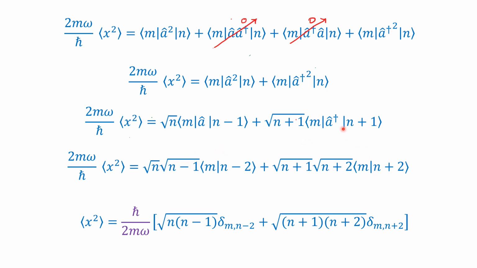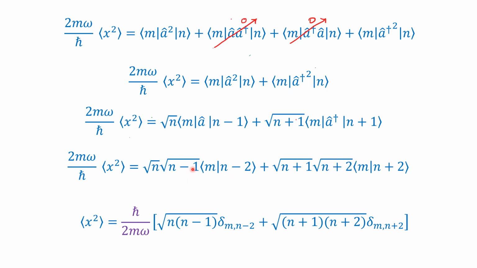Similarly here, when a dagger acts again on the n plus 1, it will further increase its energy level by 1. So n plus 1 will become n plus 2, with the coefficient square root of n plus 2.